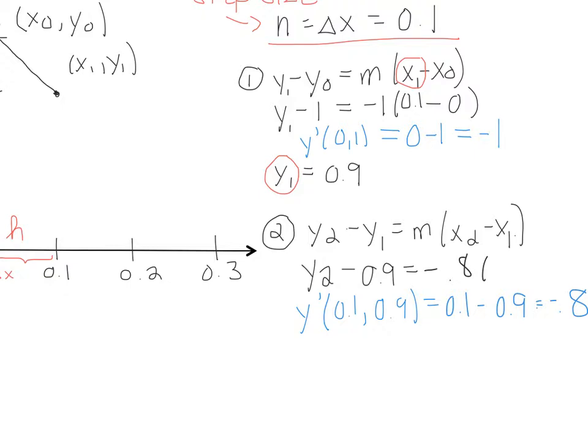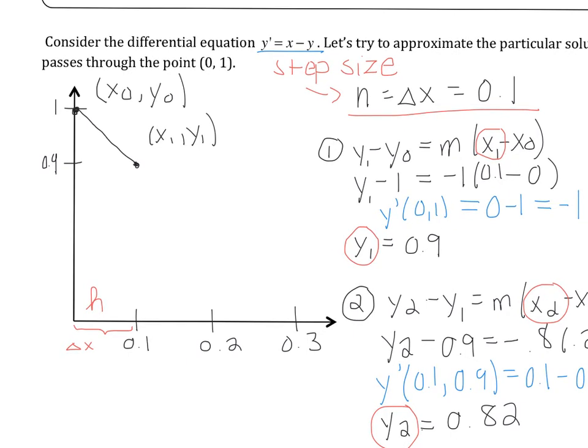So if we're currently at x equals 0.1, our next x is going to be 0.2, and x1 was 0.1. Now if you condense this and solve for y, you'll get that y2 equals 0.82. Great, so now we have an x-coordinate and a y-coordinate that we can plot on our graph.